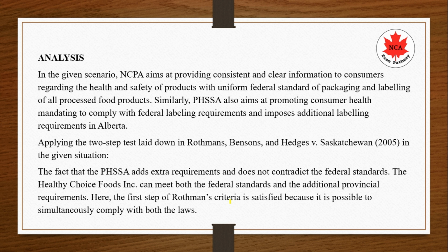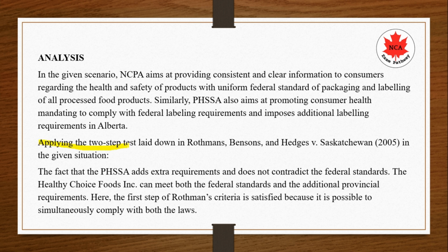Starting our analysis, in the given scenario, NCPA aims at providing consistent and clear information to consumers regarding the health and safety of the products, with a uniform federal standard of packaging and labeling of all processed food products. Similarly, PHSSA also aims at promoting consumer health, mandating compliance with federal labeling requirements and imposing additional labeling requirements in Alberta.